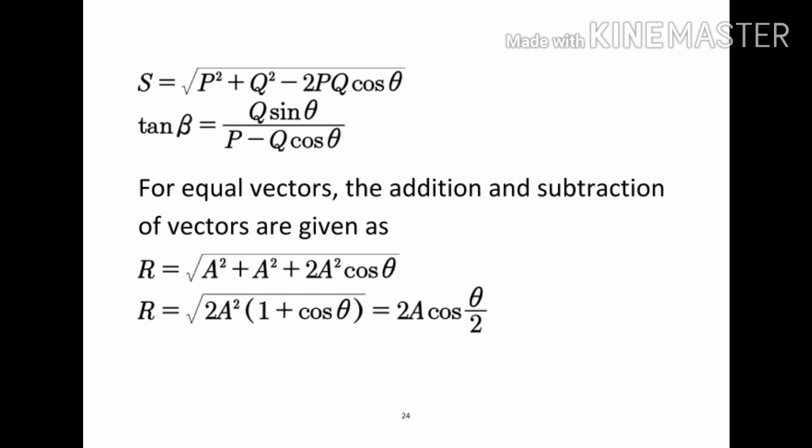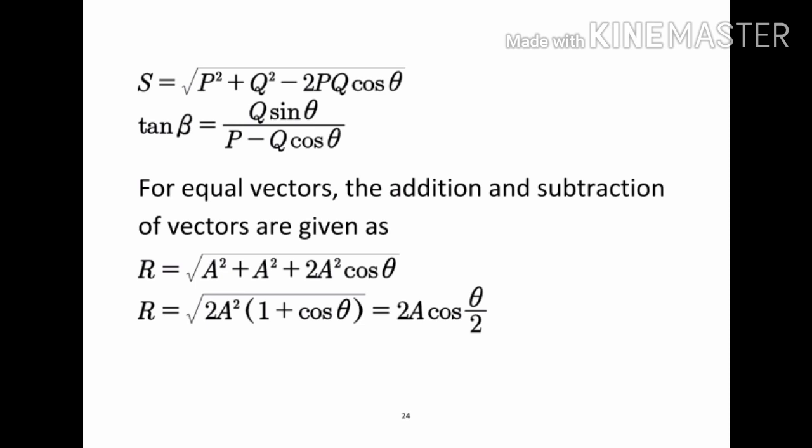That implies R is equal to root of 2A square into 1 plus cos theta. That 1 plus cos theta is taken as 2 cos square theta by 2. Therefore, the addition of two equal vectors, the simple formula is R is equal to 2A cos theta by 2.